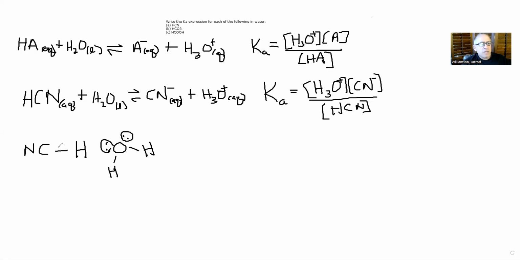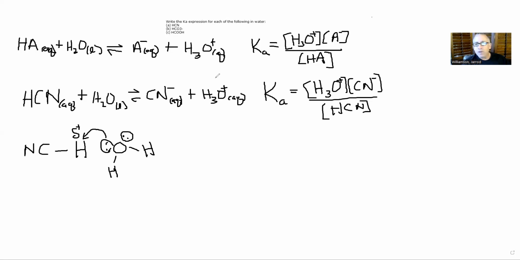This is a polar covalent bond where the hydrogen is electropositive because the nitrogen is pulling electrons away from the carbon, and the carbon, therefore, is pulling some electrons in this covalent bond away from the hydrogen. And so these electrons are attracted to that slightly positive hydrogen, and it ends up jumping off over here.